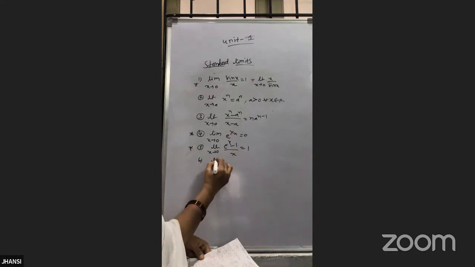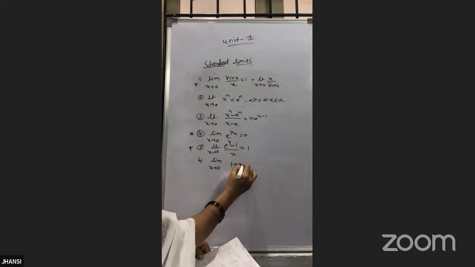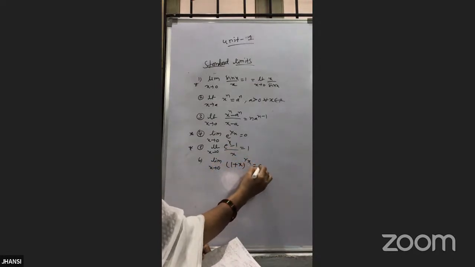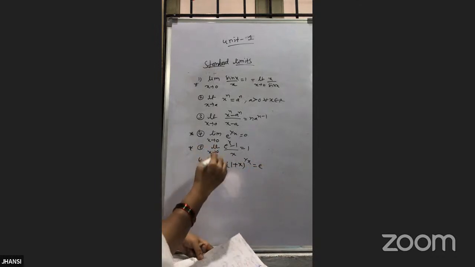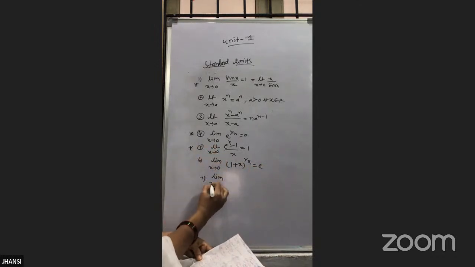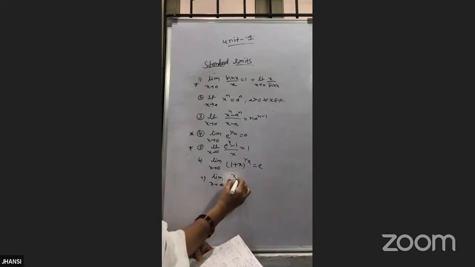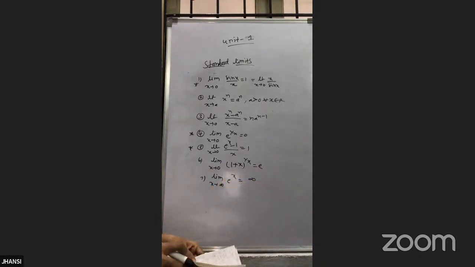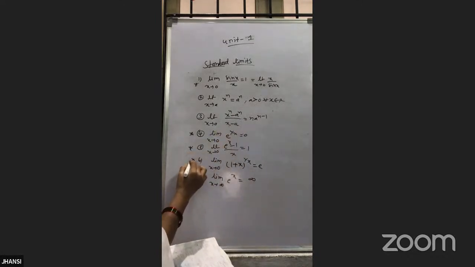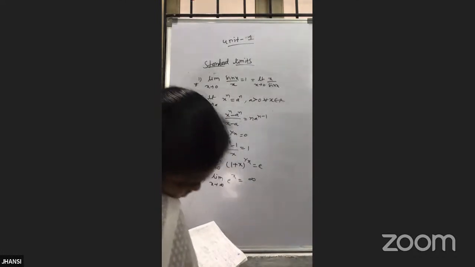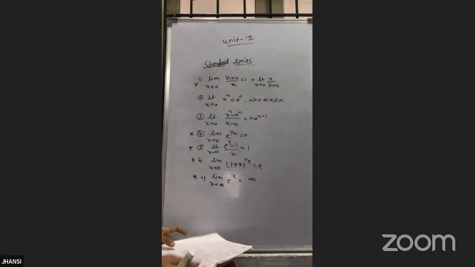Sixth one, limit of 1 plus 1 by x to the power of x equals e. And seventh one, limit x tends to infinity, e to the power of x equals infinity. These are all objective type questions. Whatever I am keeping a star mark on, those are useful for objective type and also for solving the problems. Directly you can write the answer there.